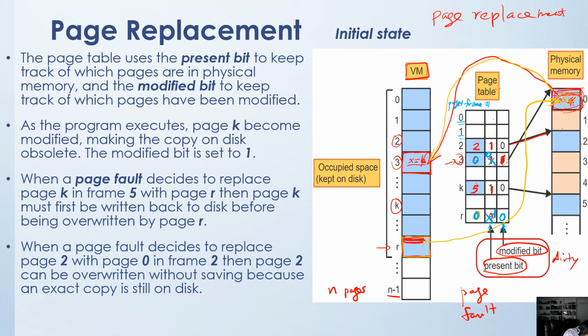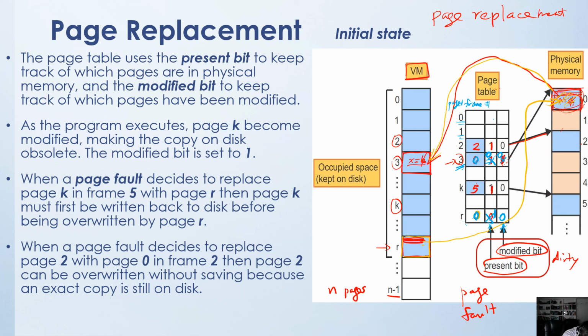If the present bit is 0, it really doesn't matter what the rest is. Because the present bit is 0, that means page 3 is no longer in the memory. Instead, page R is in the place where page 3 used to reside.